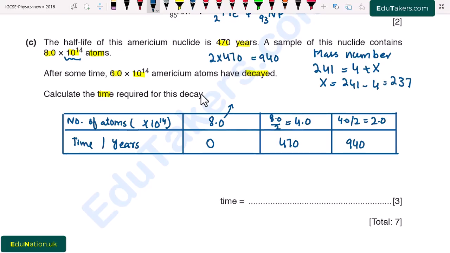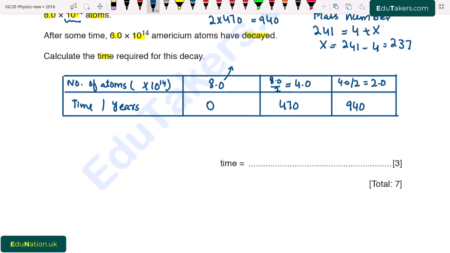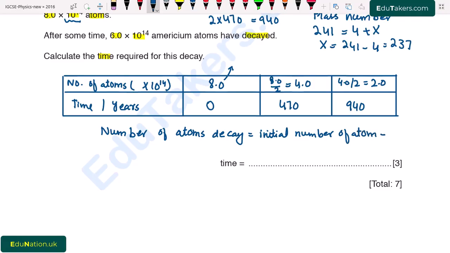And it is given that after some time 6.0 into 10 to the power 14 americium atoms have decayed. So I write first of all here number of atoms decayed will be equal to initial number of atoms minus number of atoms left behind.